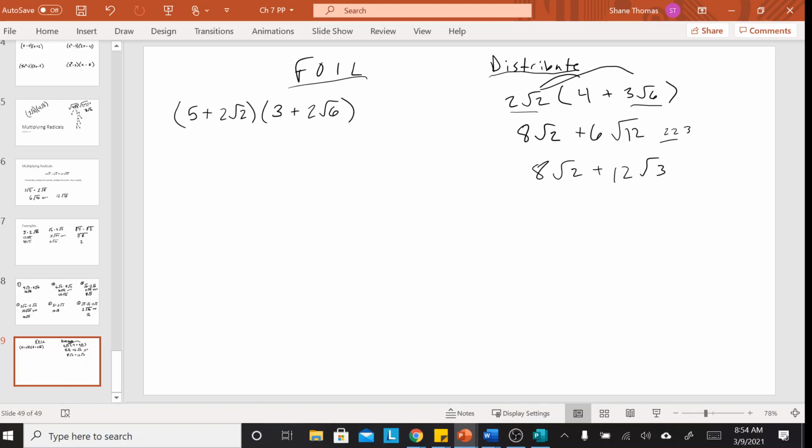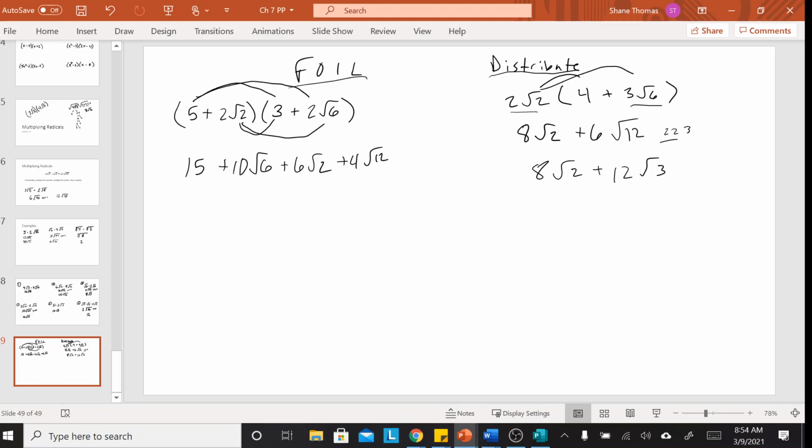All right, so first, 5 times 3 is 15. 5 times 2 root 6, 10 root 6. Good. You just have outsides to multiply. Here, 2 root 2 times 3 is going to be 6 root 2. And then 2 root 2 times 2 root 6 is going to be 4 root 12.